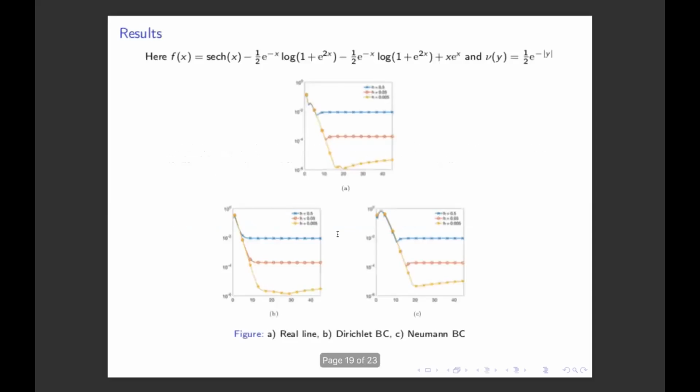And the last thing that I want to do is just show you the different results for two different types of source terms. So here, what I wanted to do is compare: if I have a problem that is posed on the whole real line, and I want to pick a scheme that is going to give me the best way to approximate that, I have options. I can approximate it using homogeneous Neumann boundary conditions, because that's usually what you do when you have these whole real line problems and you want to truncate them and approximate them in a bounded domain.